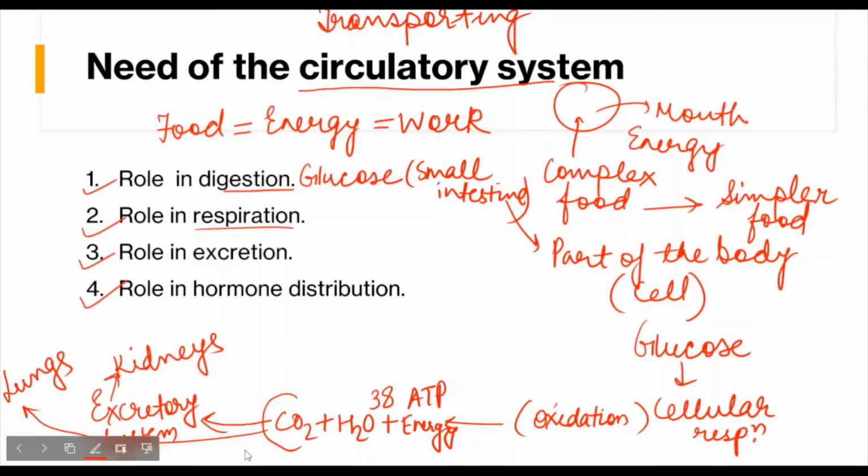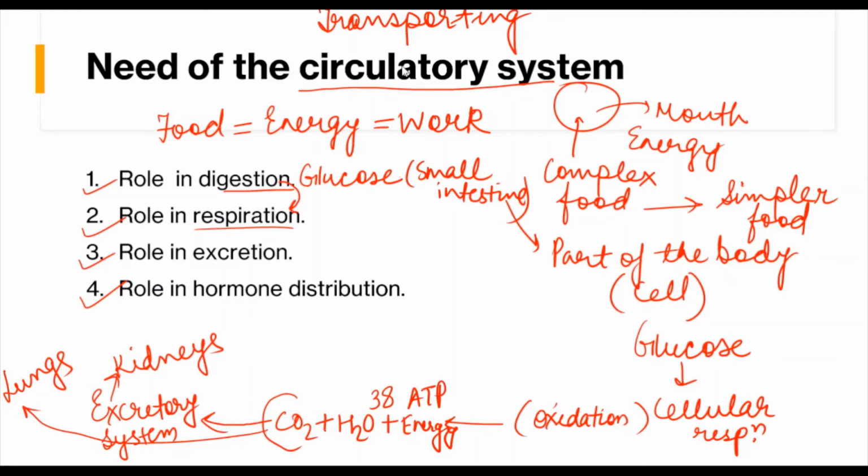ठीक है, तो this is the way. Again there is the need of the circulatory system, the transporting system here, in order to transport the excretory waste. Okay, next what? So digestion, then respiration. For respiration, the digested food glucose is carried away to the different parts of the body by the blood.